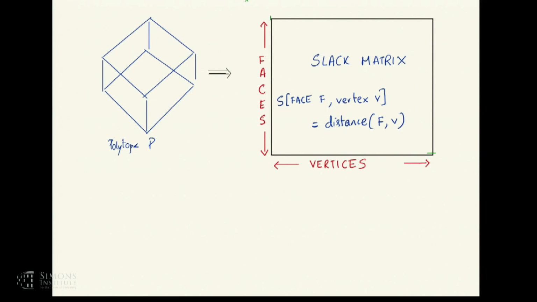One thing that Thomas alluded to yesterday at the end, and which is interesting, is that we've defined the slack matrix with one column for every vertex and one row for every face.